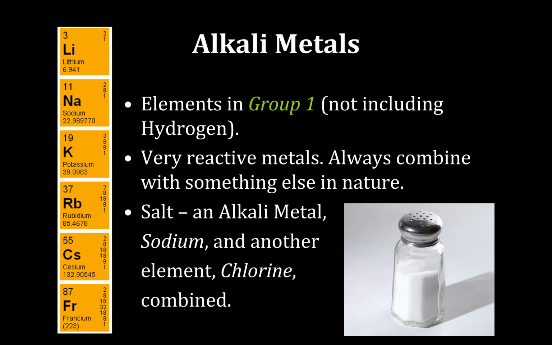It has to bond with something else. For example, sodium bonded to a chlorine, that's how it exists. Sodium bonded to a chlorine combined, when you make what? Table salt. Okay, that's group one. That's the alkali group metals.